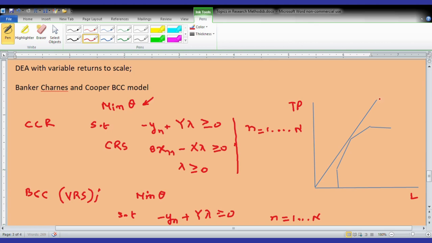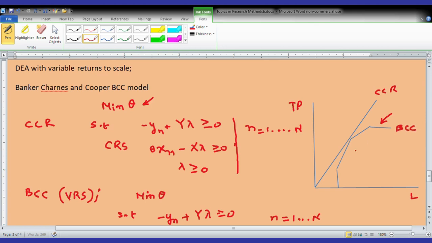If we assume the possibility of variable returns to scale, then the total product curve will have a concave shape like this, and so you can see the difference between the CCR and this, which is what you will be getting as BCC.